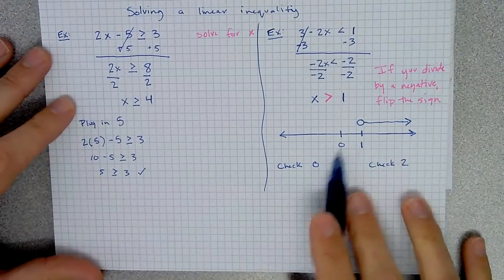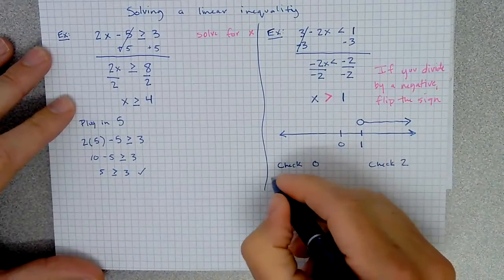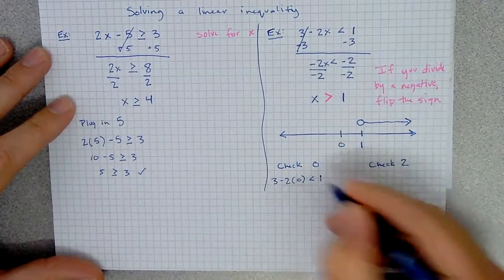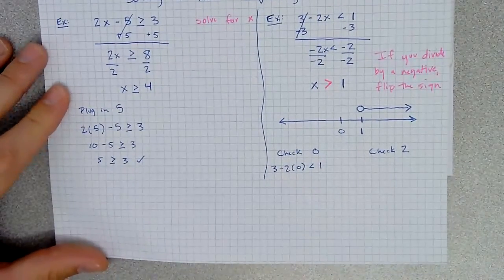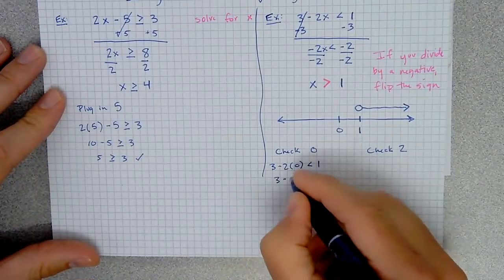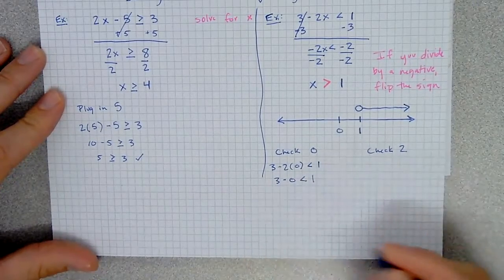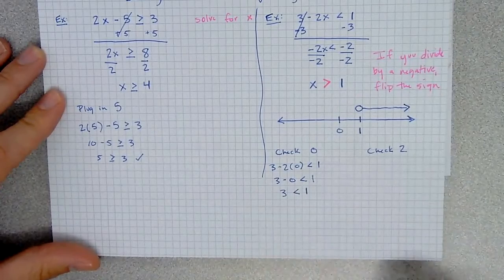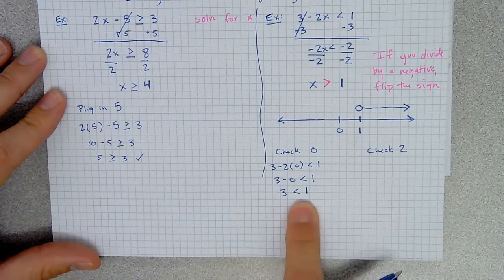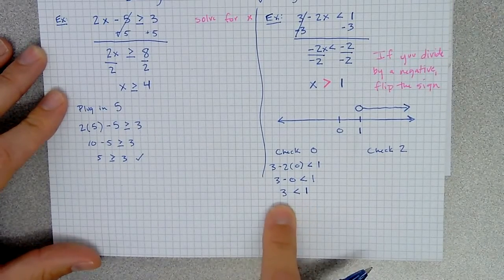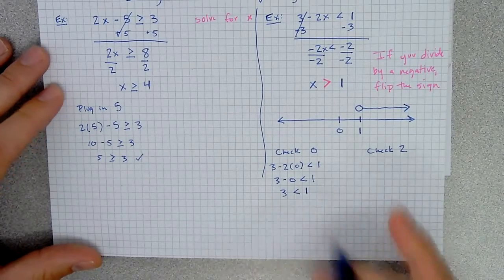So if I try 0 and I plug 0 into my original inequality, 3 minus 2 times 0 is less than 1. 2 times 0 is 0. So I get 3 minus 0, which is 3. Is 3 less than 1? No, obviously, right?